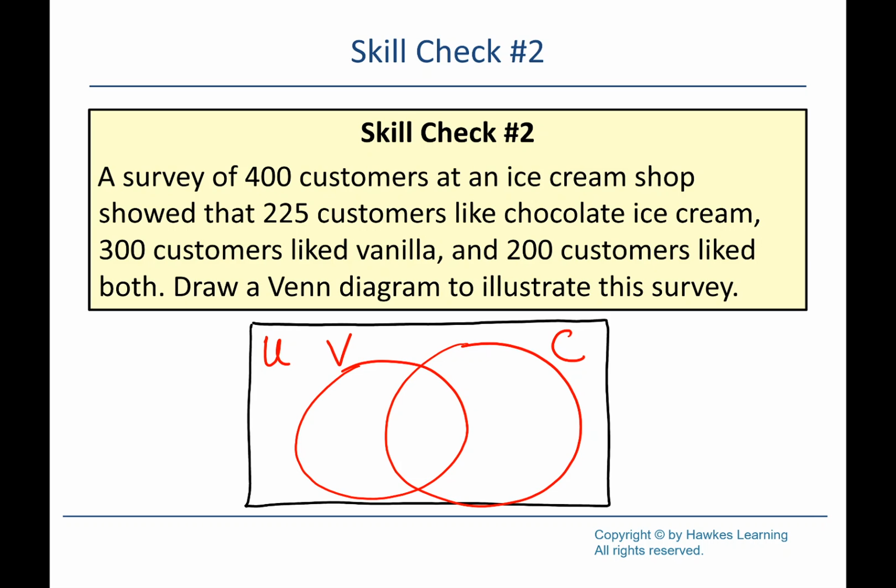Okay. The key thing on these getting started is that we want to start in the middle. We want to start as far inside as we can. So that's where they overlap. So we start with the customers who like both here. It says 200 customers like both. I think we had 200 on the last one, didn't we? So it's 200 like both.